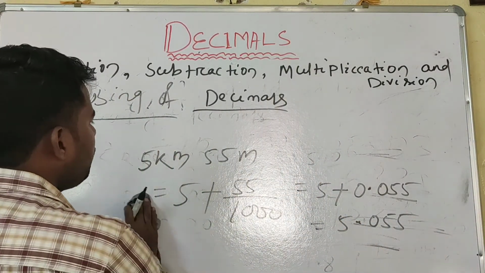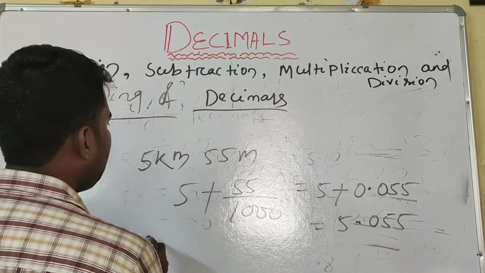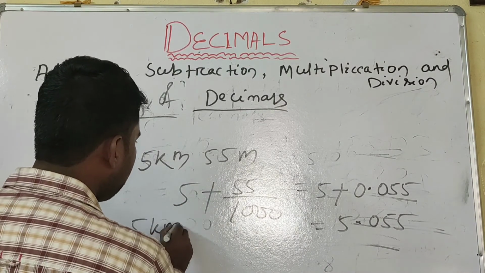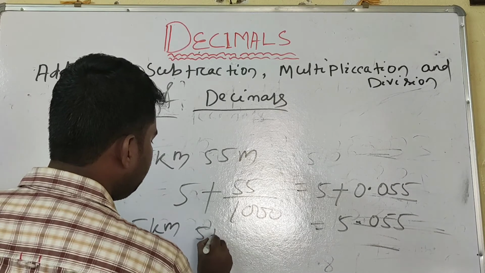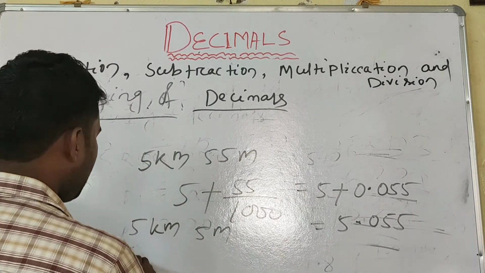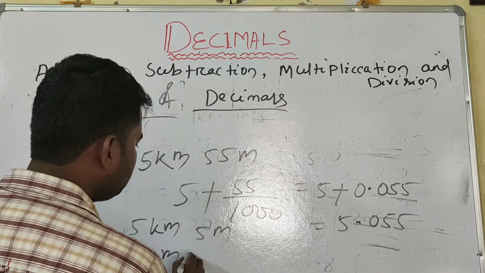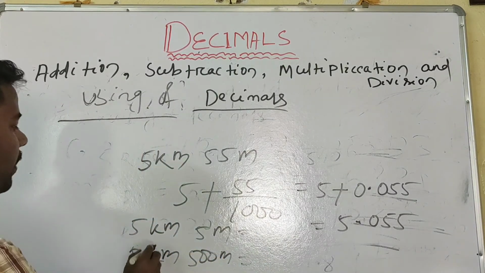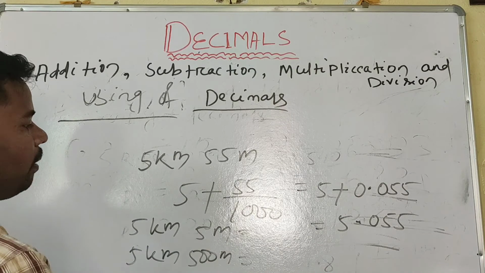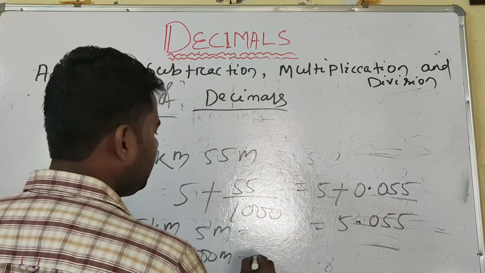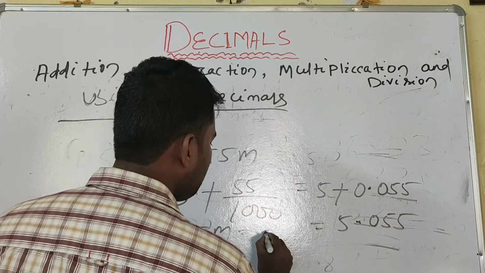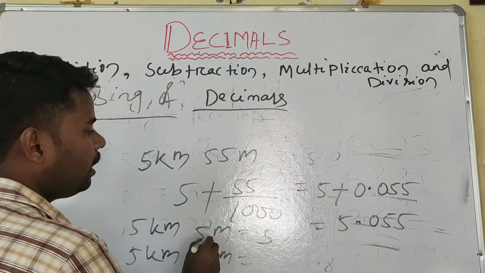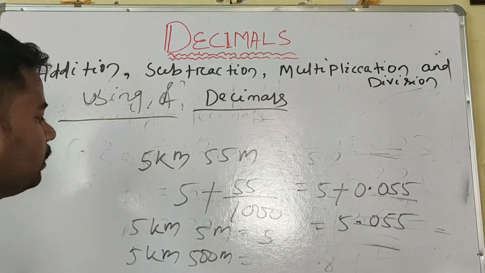So here 5 kilometer 55 meter, 5 kilometer 5 meter and 5 kilometer 500 meter are all different. So 5 kilometer 5 meter, how will we convert it into decimal? 5 kilometer we write as 5, but 5 meter means 5 upon 1000.